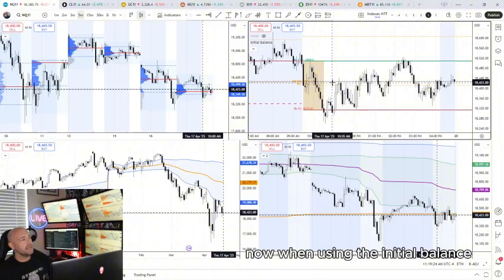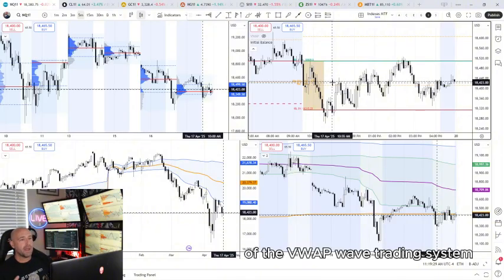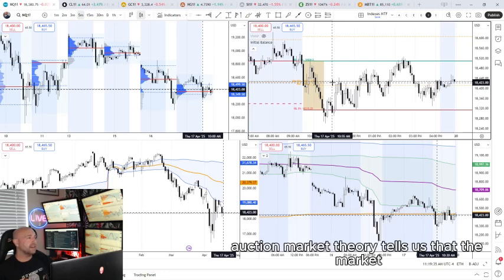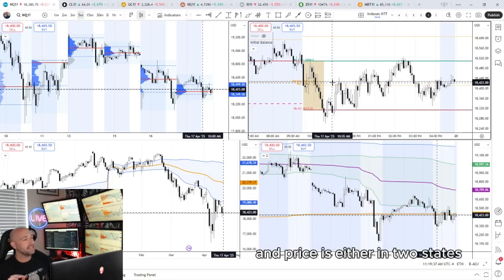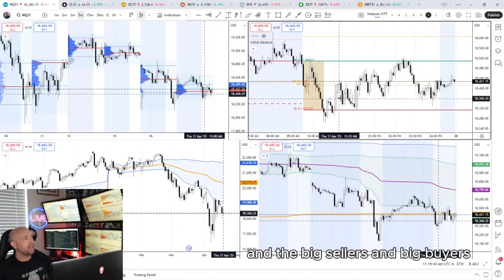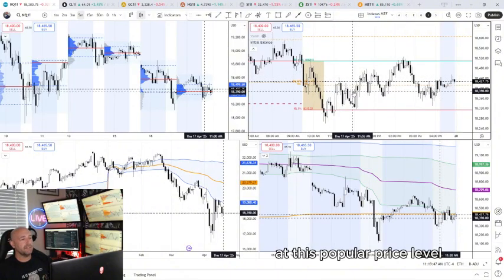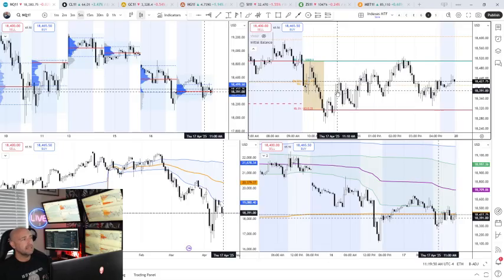Now, when using the initial balance, it's important to understand the core principles of the VWAP Wave trading system, and we use auction market theory. Real quick, auction market theory tells us that the market and price is either in two states. We're either in value, where there's an agreement on price, and the big sellers and big buyers are getting in and out of their positions at this popular price level, and they're doing business.